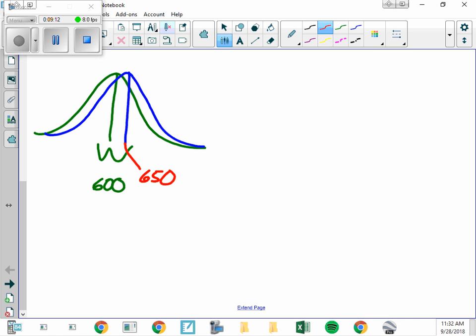Now, if I combine all of those into one, what is the new graph going to look like? Shorter and wider. So now it's going to be shorter and wider, which changes the SD, makes it larger. Yep, which makes sense.